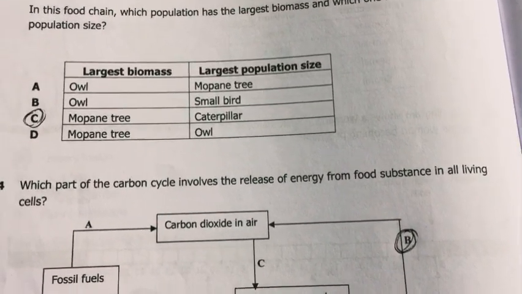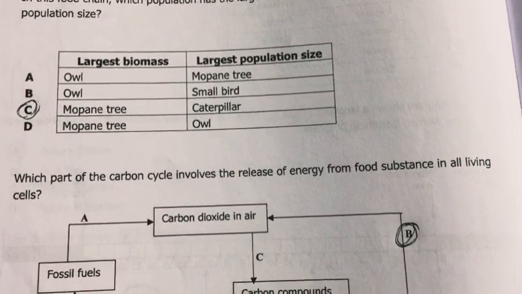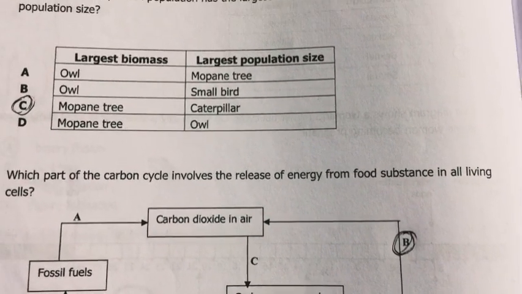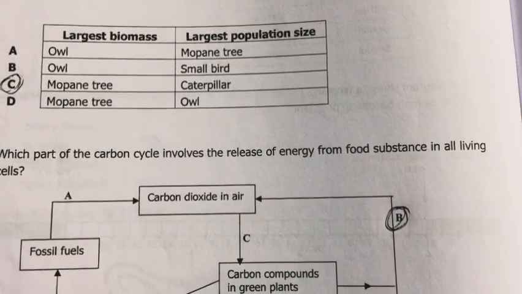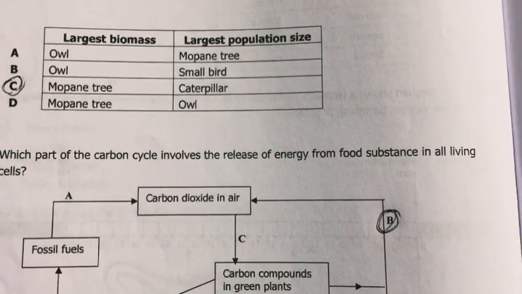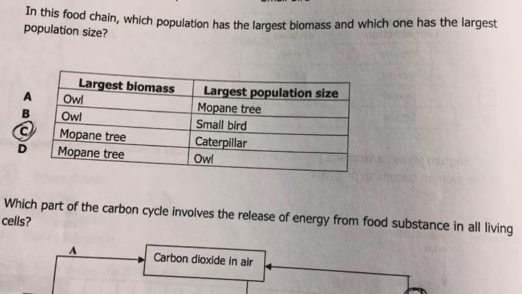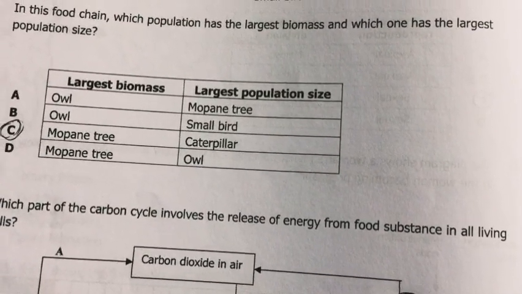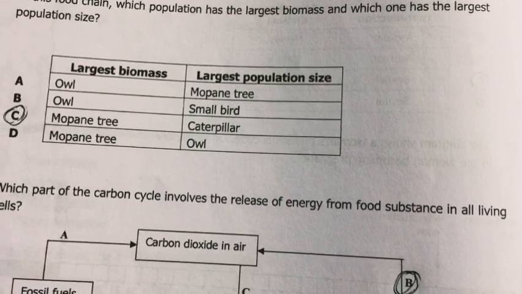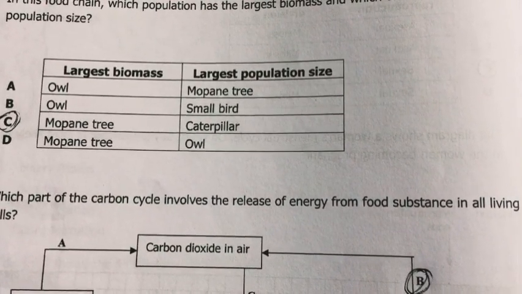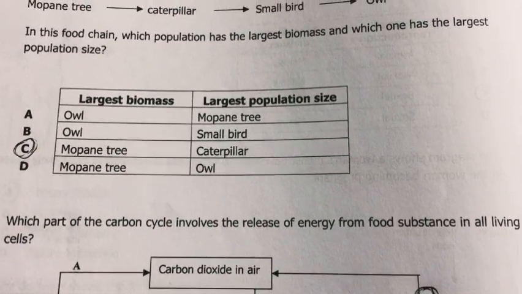Trees are many and trees are heavy. Okay, so biomass. Then the largest in population size are the caterpillars because they are the smallest. On one tree, you may find maybe even 300 caterpillars feeding from one tree. And those 300 caterpillars, you find that one bird, maybe by mass, is equivalent to 20 of them. So my answer there is C.